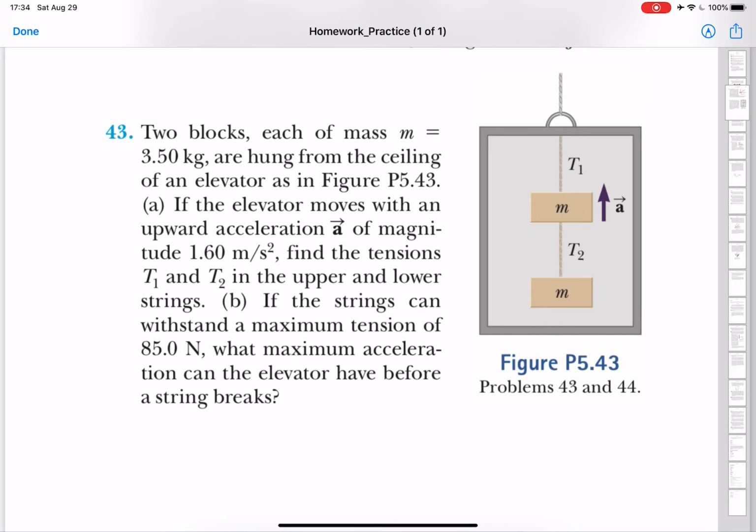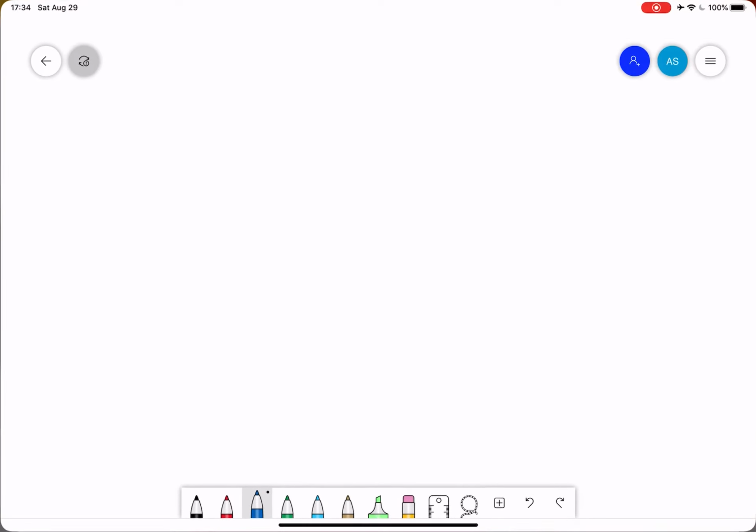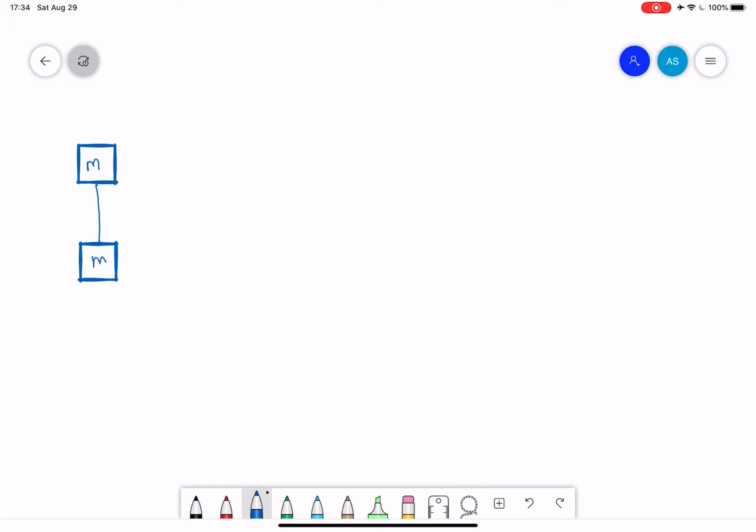Okay, so let's draw our masses in the elevator. So here we have two masses. This is our M1. Since both of them are the same, we just keep it M. Here we have M. Then here we have the string, so it's attached to the elevator.